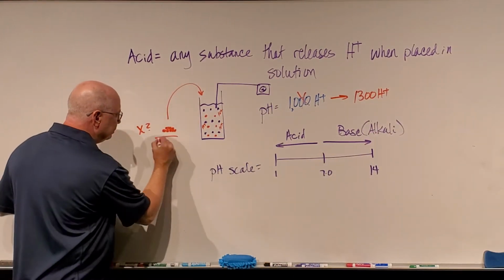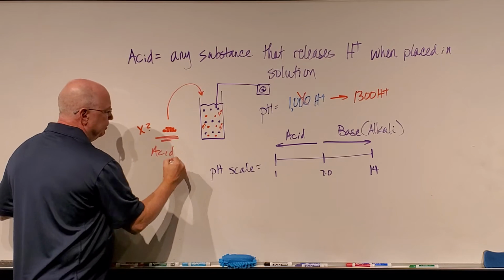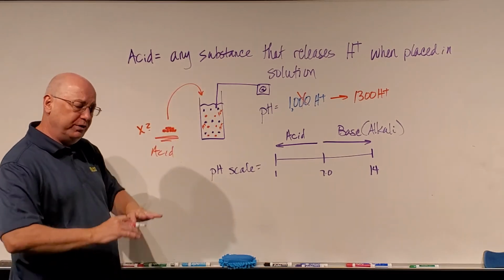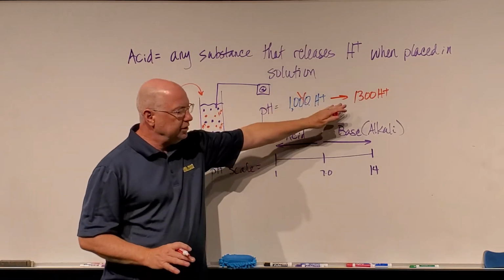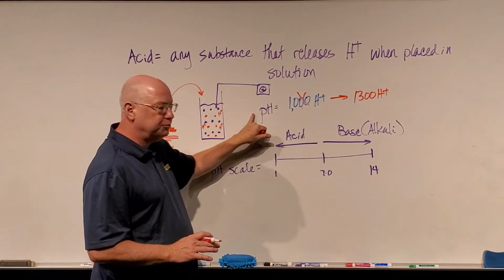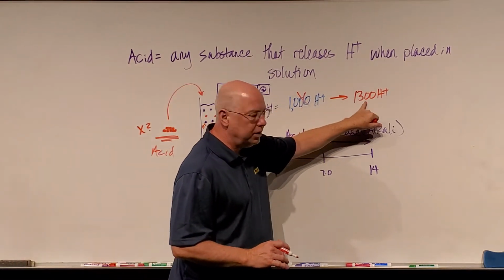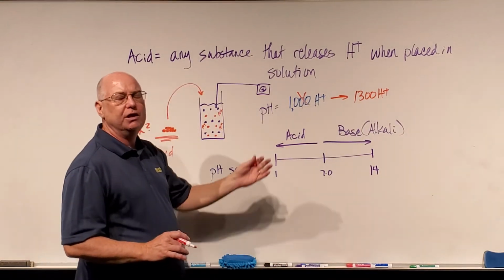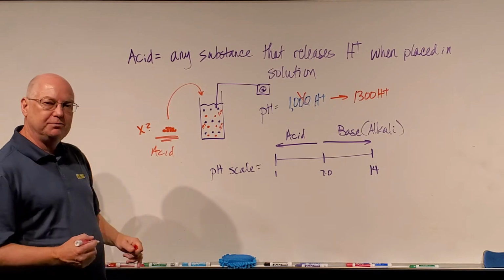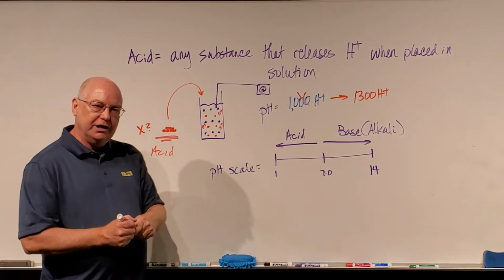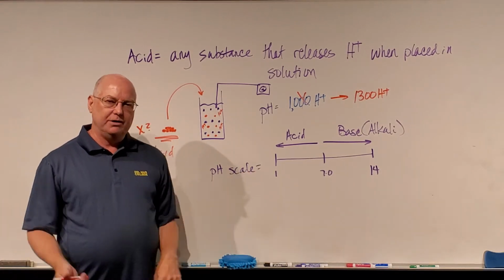Then I know that this stuff is an acid because when I place it in a solution, whether the solution was acidic or not, if it released some free hydrogen ions, so that now my pH probe is telling me I have more hydrogen ions floating in the solution than before I added the substance, then that substance has to be an acid because as soon as it entered the solution, it released some hydrogen ions.